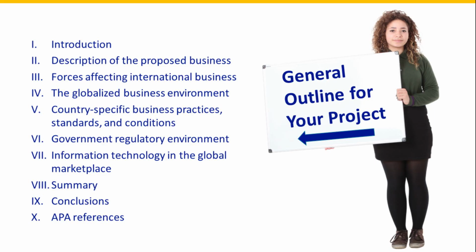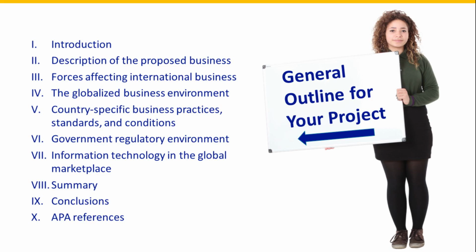Your project must follow a specific structure, so let's go over the required sections. You'll begin with an introduction and a description of your proposed business. From there, discuss the key forces affecting international business and the realities of today's globalized business environment.